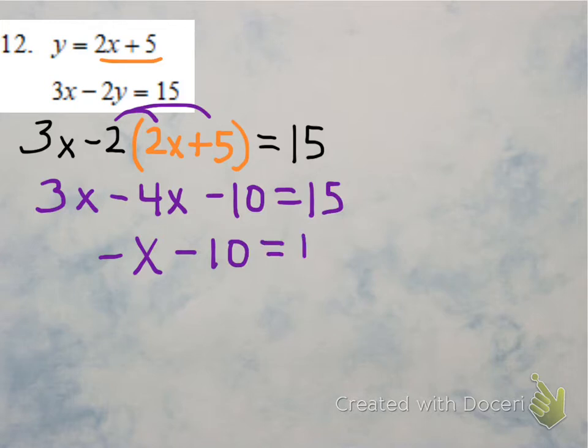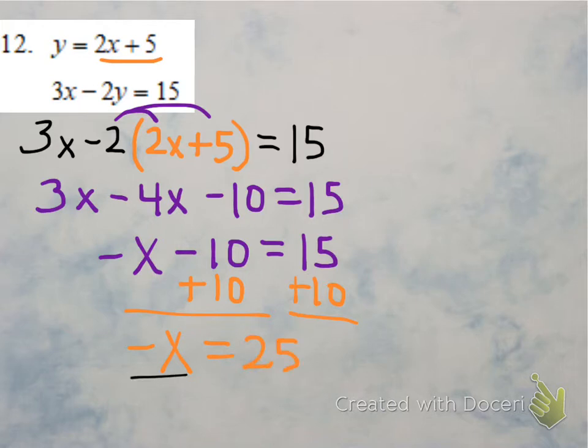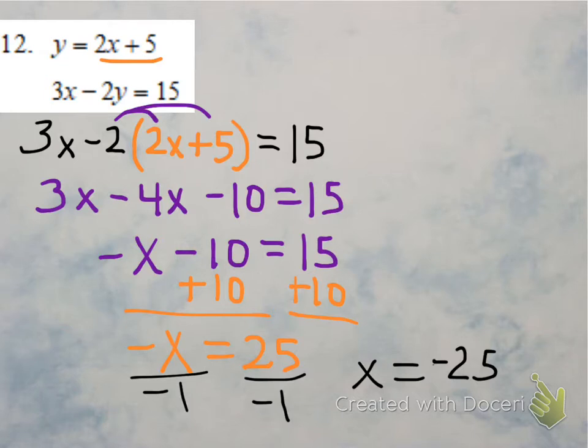Minus 10 equals 15. To get rid of the minus 10, we'll add 10 to each side. And so we have negative x equals 25. And then to get rid of multiplying by a negative 1, divide by a negative 1. And so we have x equal to negative 25. Now we'll take this value, we'll substitute it back into that top equation.